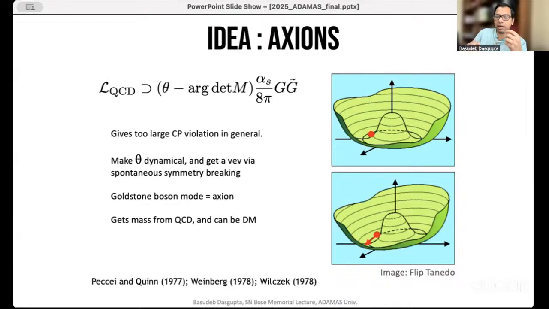We say that there are degrees of freedom, like vibrations, which we can quantize and we can think of like particles, which do everything exactly like particles, but are not real particles. They are just emergent properties. The crystal vibrates in a certain way, and this vibration is then mathematically represented like a particle called a phonon. So the question is that can dark matter be something like this, which is not a real particle, but rather an emergent property of something?